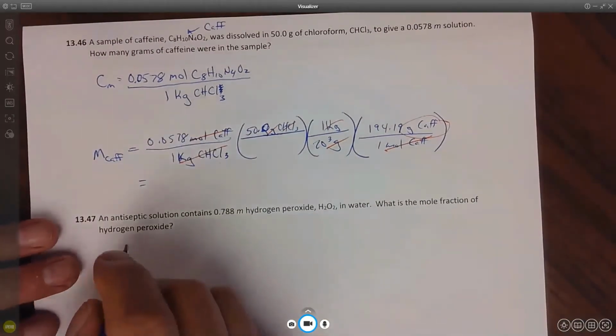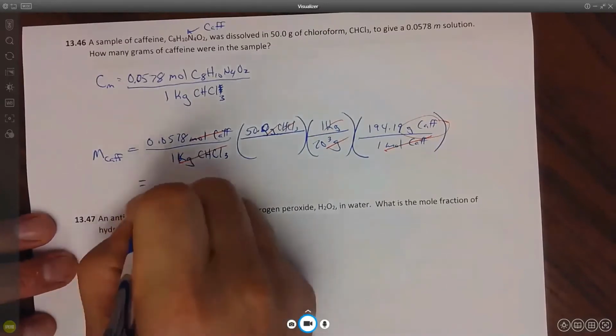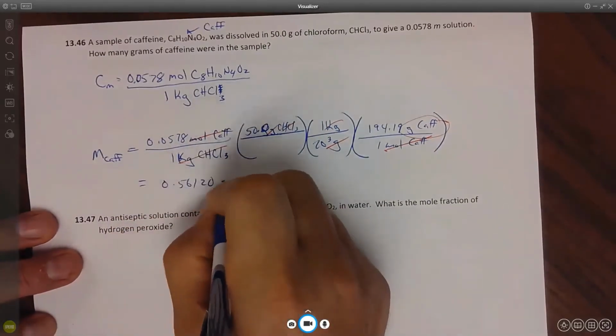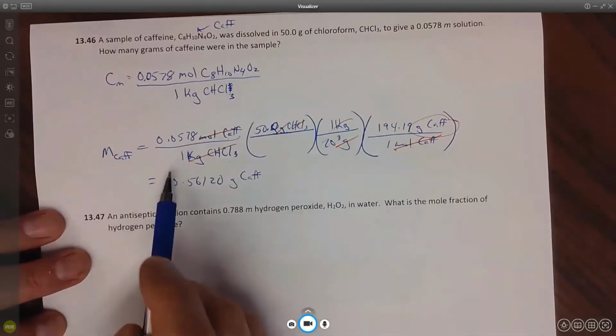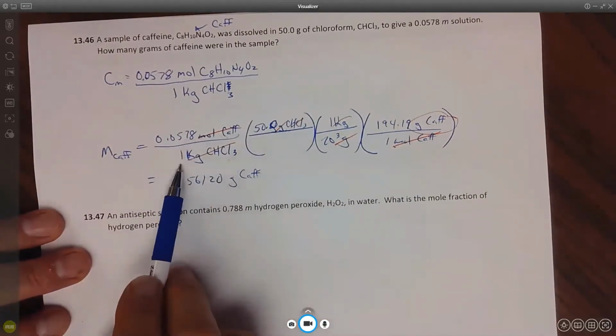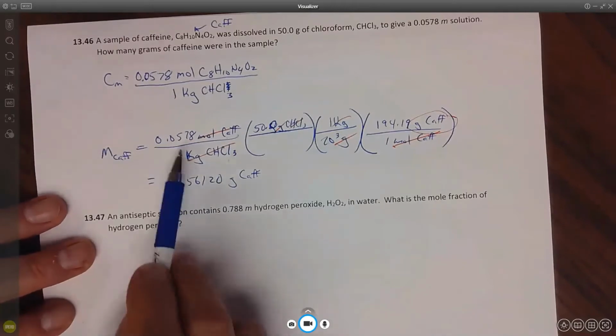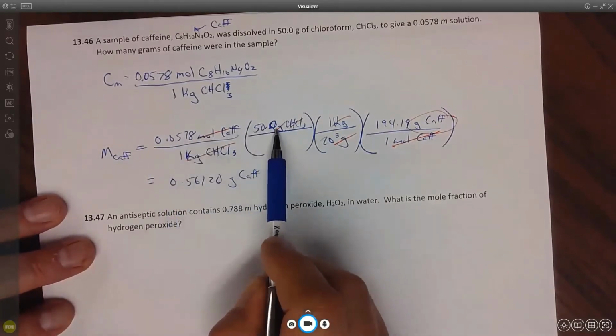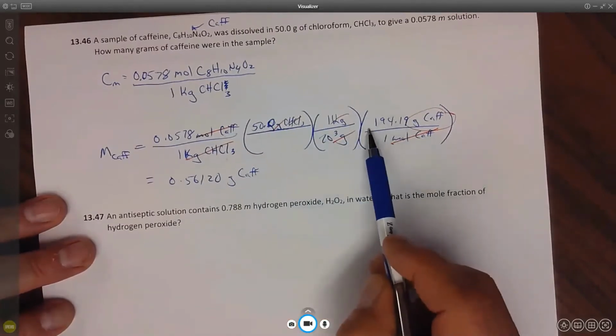So plug that into your calculator, and you're going to get a value of 0.5615 grams of caffeine. Sig figs, we have 3 sig figs. The 1 we'll consider to be exact, and all the uncertainties in this. So there's 3. There's 1, 2, 3. This is exact. This has 5.